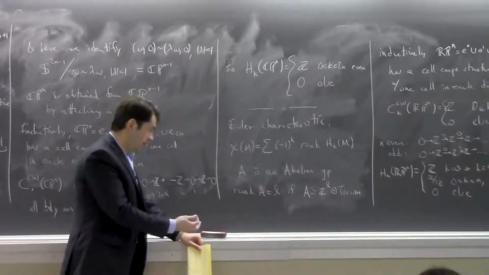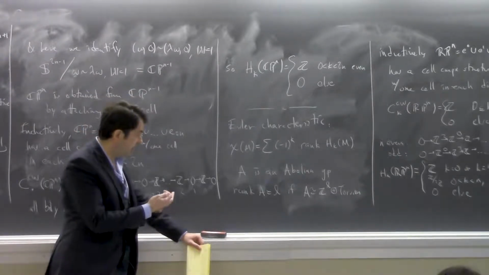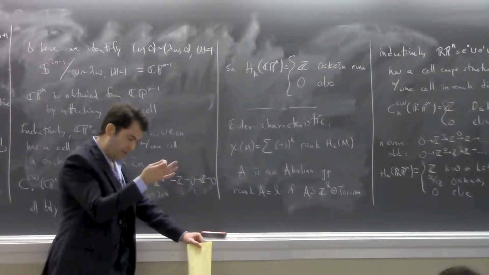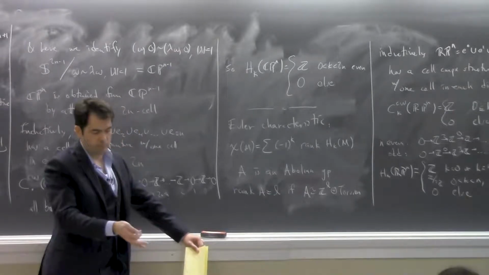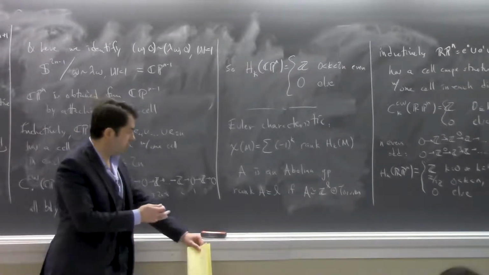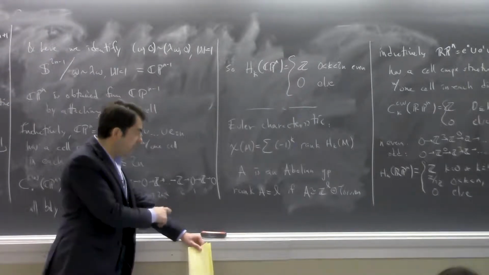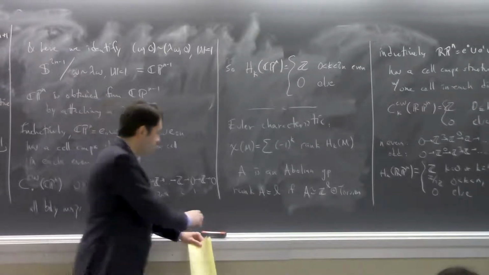Anytime you have a finitely generated abelian group, you know that it decomposes into a direct sum of copies of Z and then copies of cyclic groups, things with torsion. So the rank is just the number of copies of Z that you have.